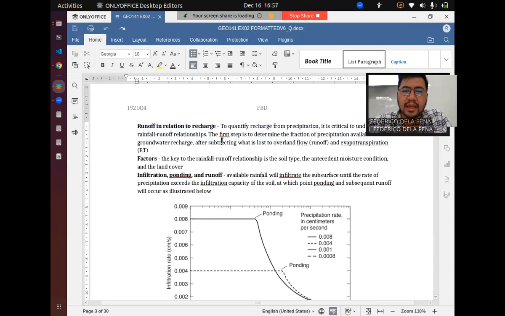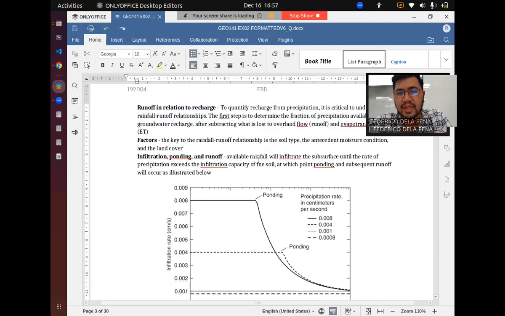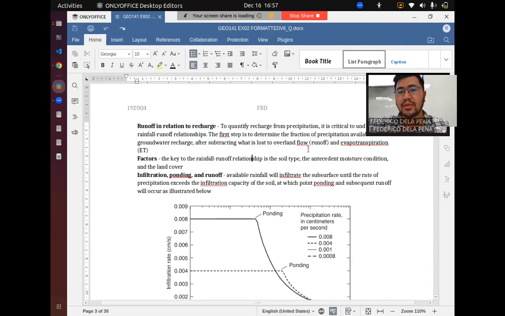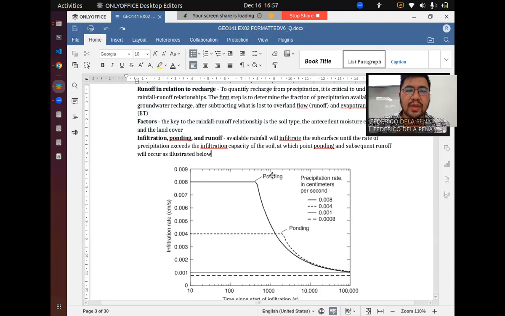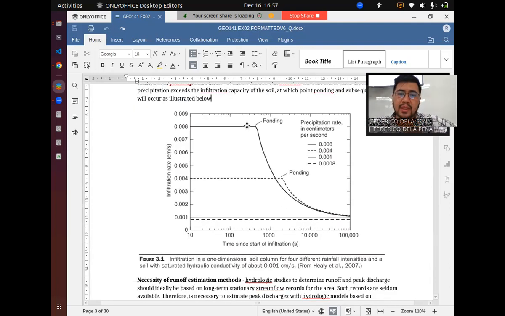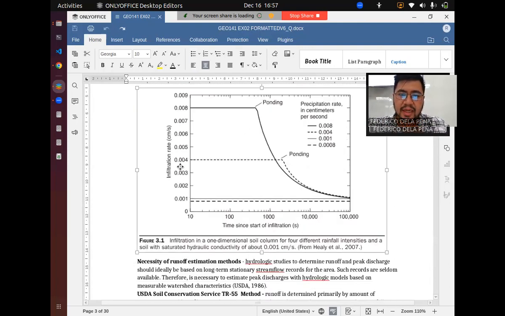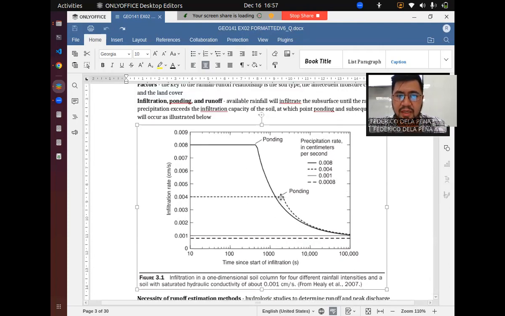And this partitioning will depend on the capacity of the ground or the soil to hold water. So whatever is left after the ground has started storing water will be turned into runoff. I guess you're already familiar with this chart.